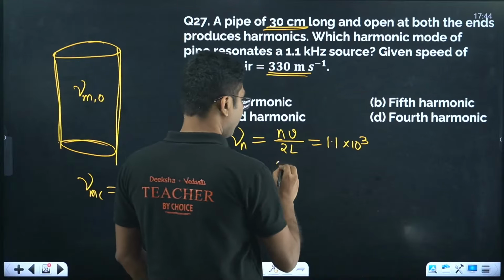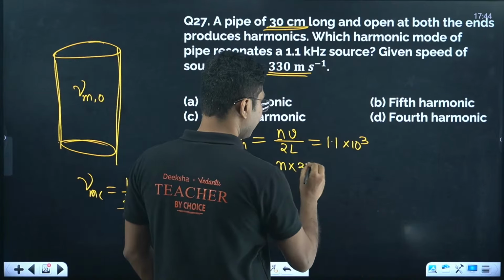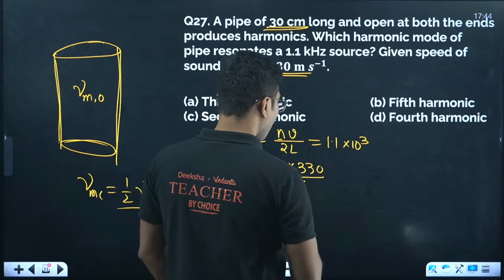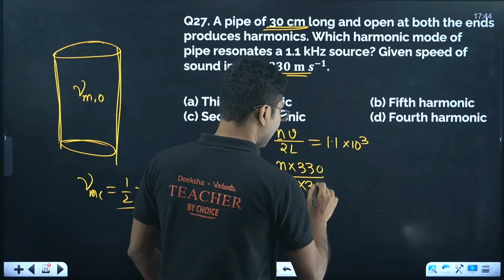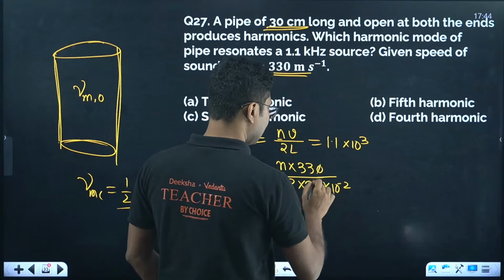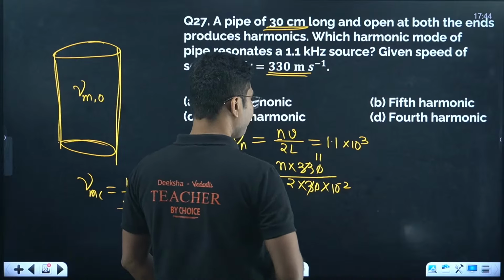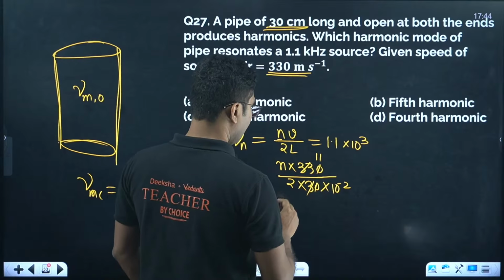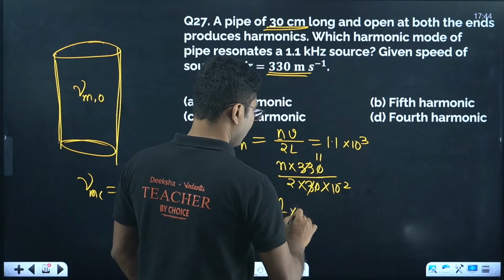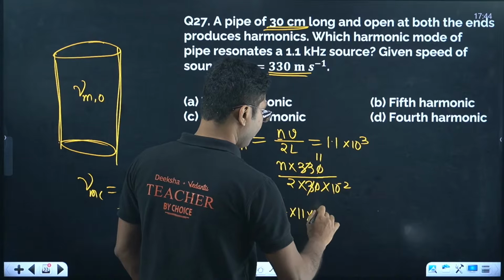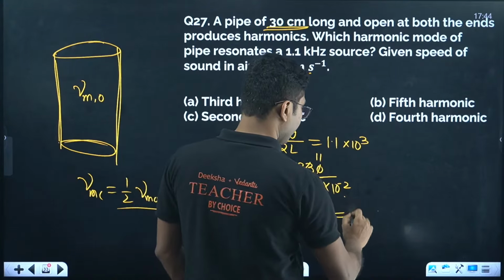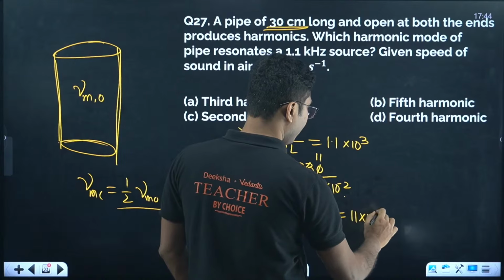So n we are trying to find, velocity is 330 meter per second divided by 2 into 30 centimeter. Centimeter to meter means 10 to the power of minus 2. The zeros cancel, it becomes 11, and you get n by 2 into 11 into 10 to the power of 2. This goes up, becomes plus, equals 11 into 10 to the power of 2.